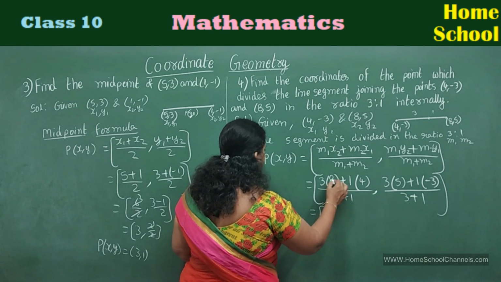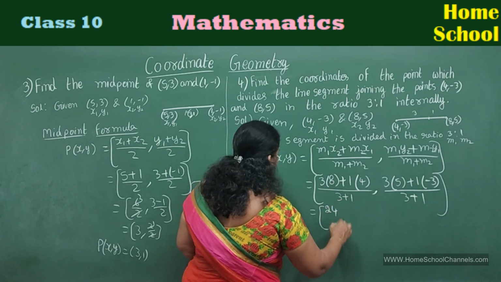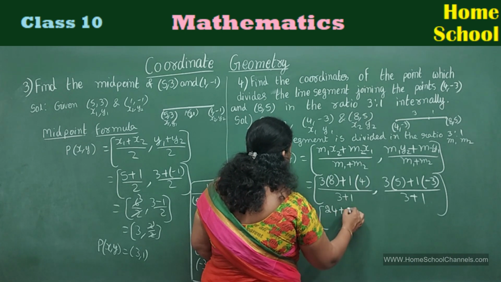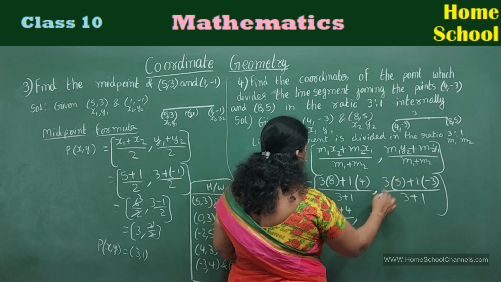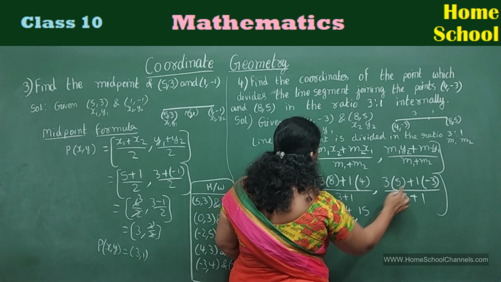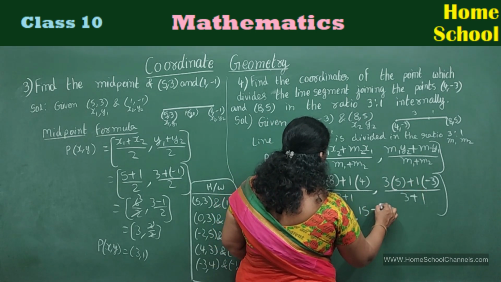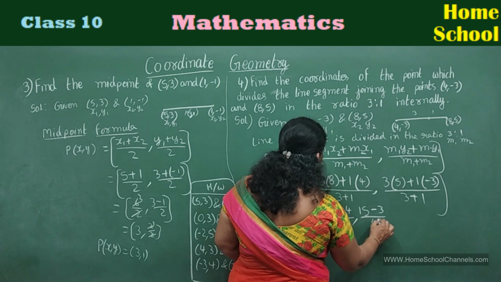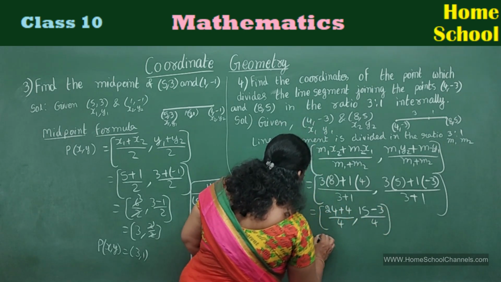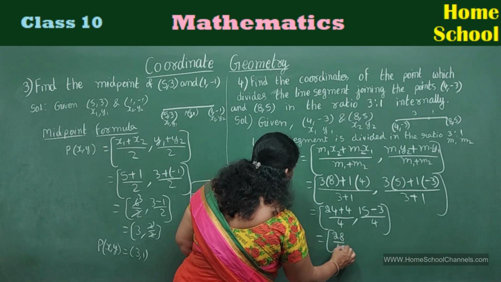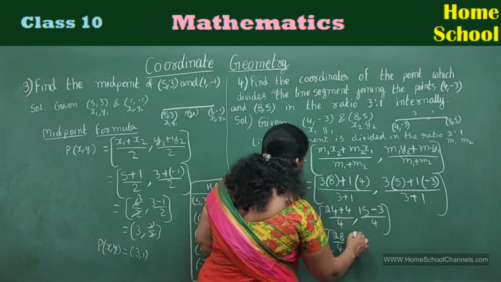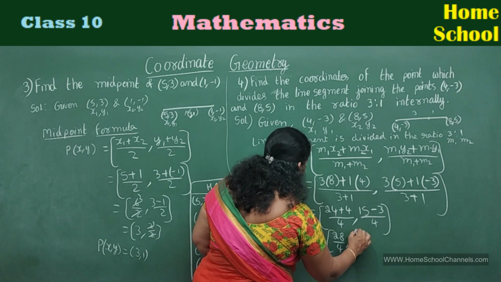Now this is 8 3s are 24, 4 1s are 4, 3 plus 1 is 4, comma, 5 3s are 15, plus into minus, minus 3 1s are 3, by 3 plus 1 is 4. 24 plus 4 will be 28 by 4, comma, 15 minus 3 is 12 by 4.